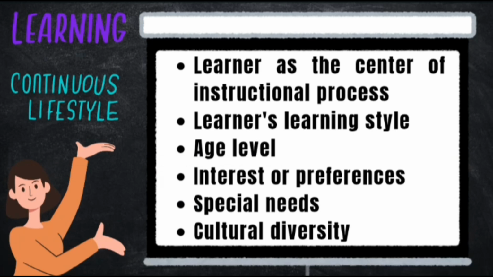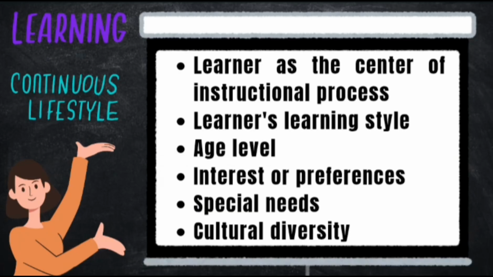To begin with, it is important to recognize that the learner should always be at the heart of the teaching process. This means that every decision made, whether in methods, materials, or assessments, must be based on what will best support the student's learning.